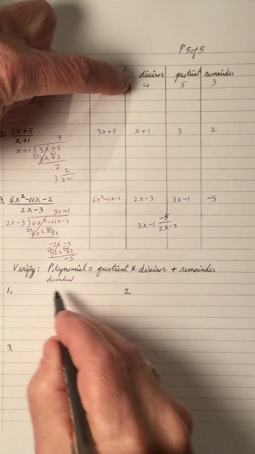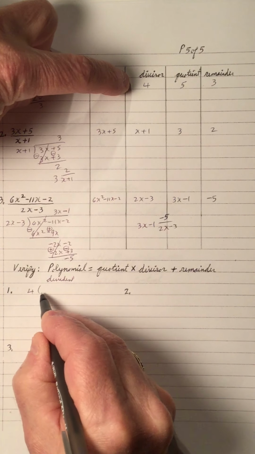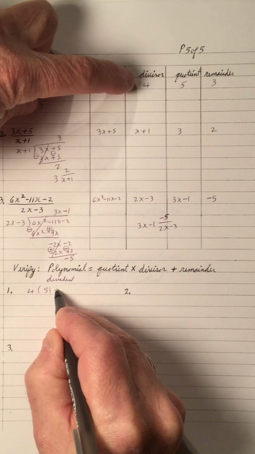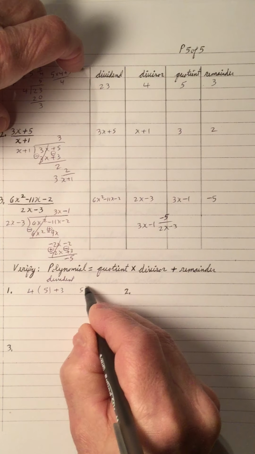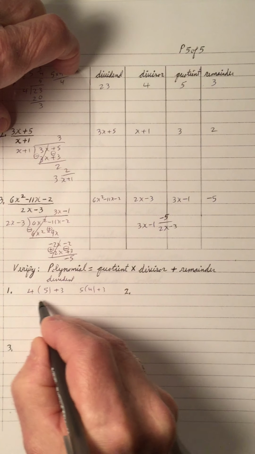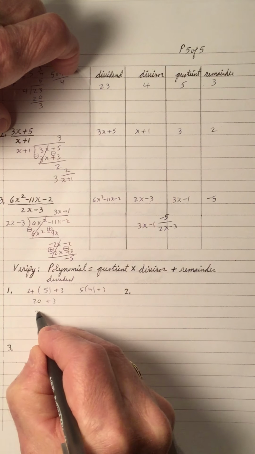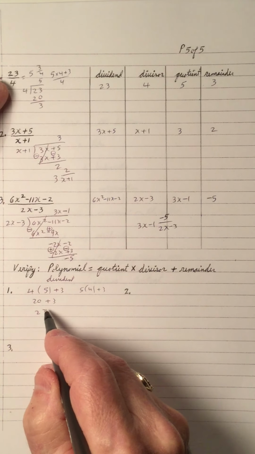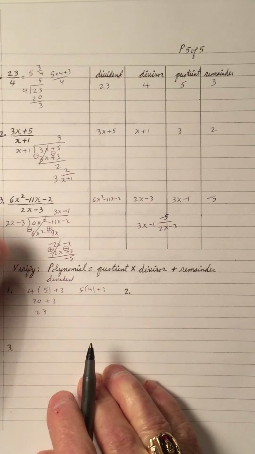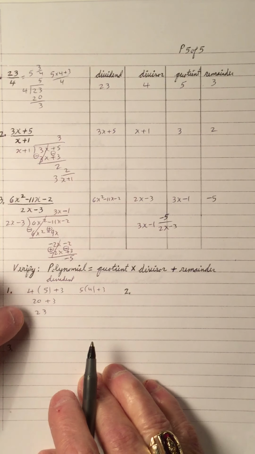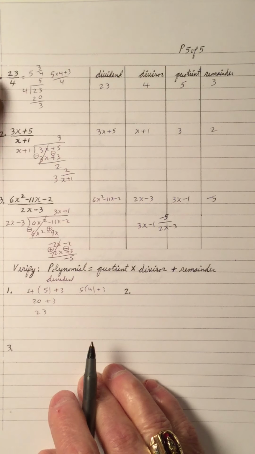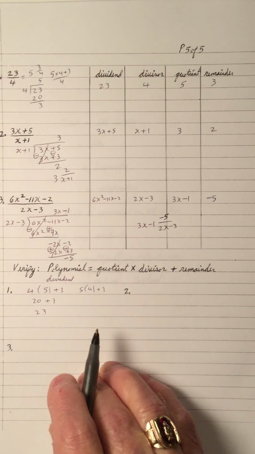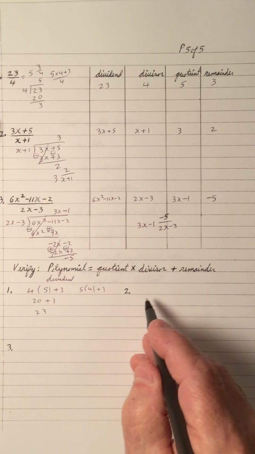So up here, if I took the 4, multiplied by the 5, and added on the remainder of 3, or I could go 5 times 4 plus 3, I'll get a 20 plus 3, which is a 23. So that's the number that we started out with, 23, which is divided by the 4.